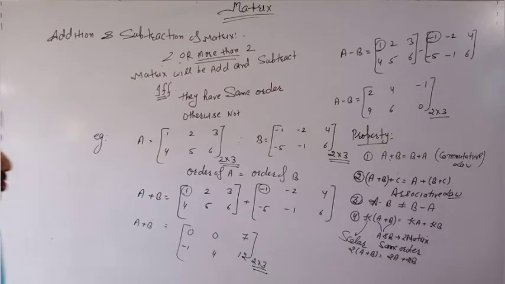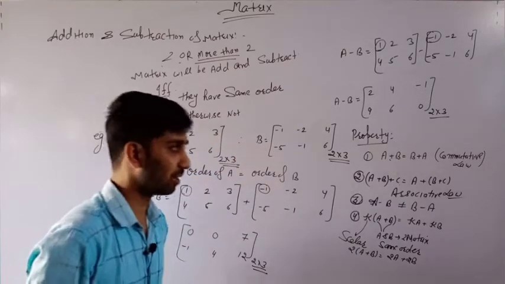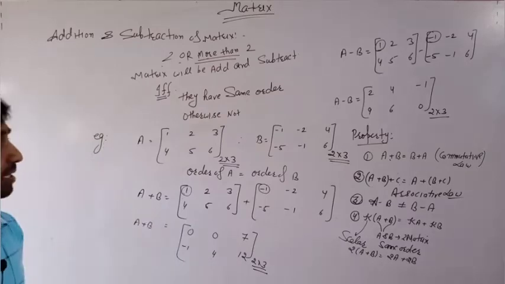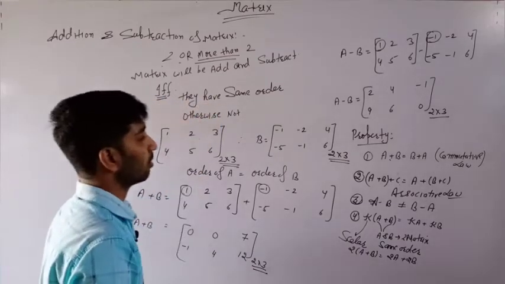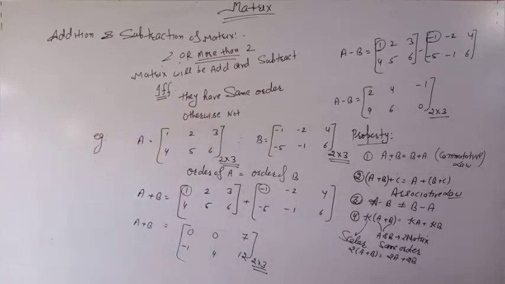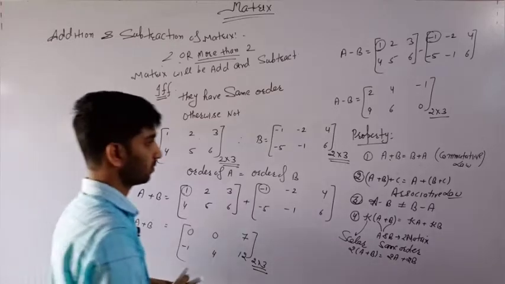These are some properties of addition and subtraction. Similarly, we can add and subtract 3 matrices, 4 matrices. So this is the logic of addition and subtraction of matrix.